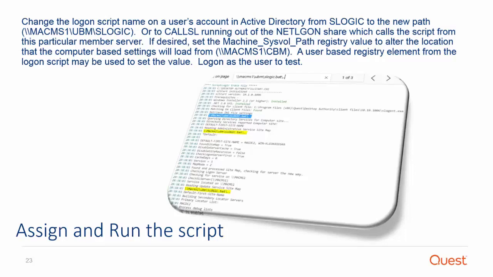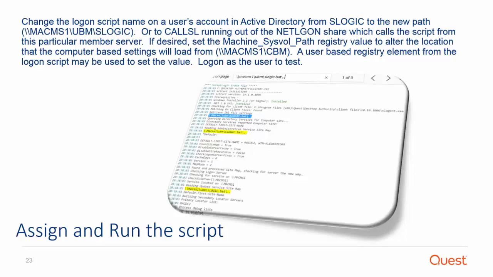Also, if I want to, I can set the machine sysvol path registry value, which alters the location that the computer-based settings will load from. So remember, it's going to try to load by default from my sysvol policies Desktop Authority folder, but I'm going to change that to tell it to load from my server name and the CBM share, computer-based management. And as I mentioned before, I can even use a registry element in that script to change that value, right?